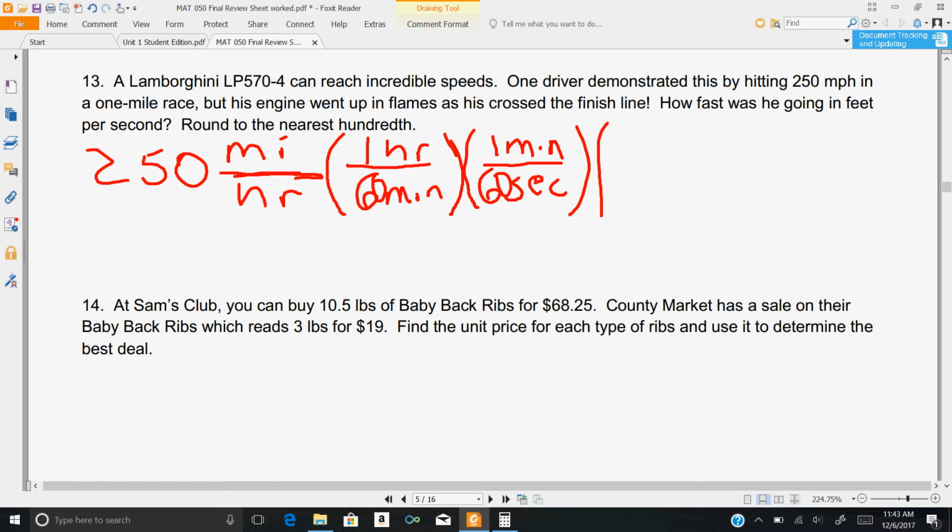I want to change miles to feet. So now I know there's 5,280 feet per 1 mile.